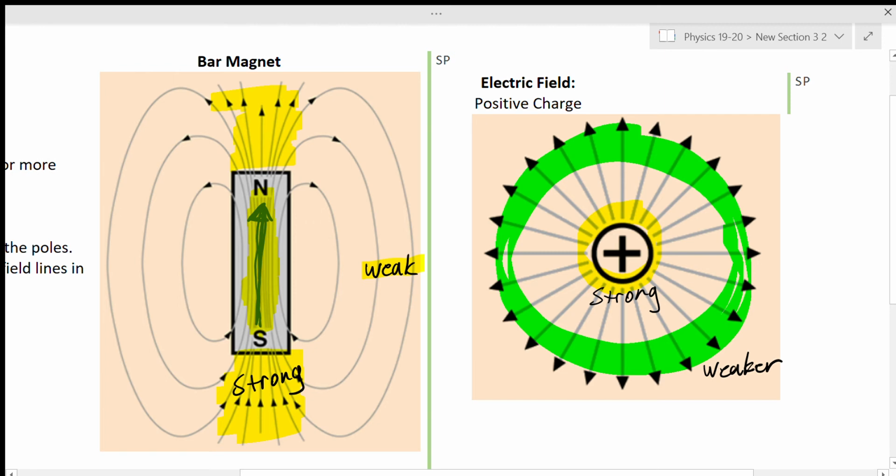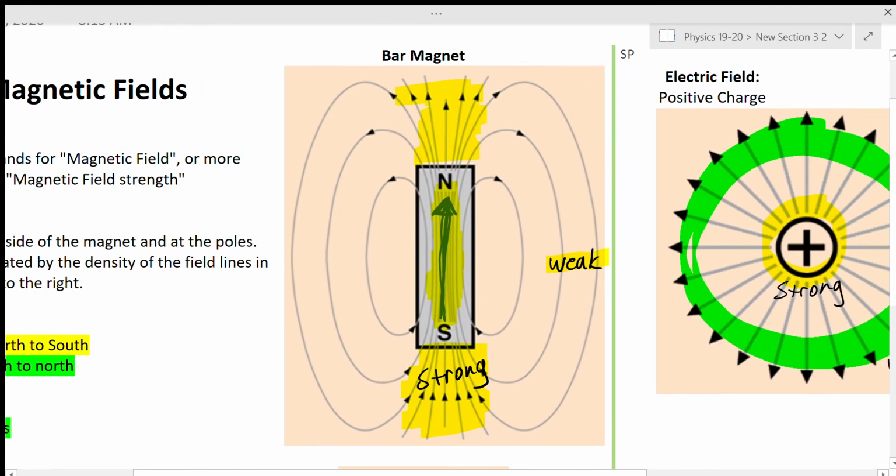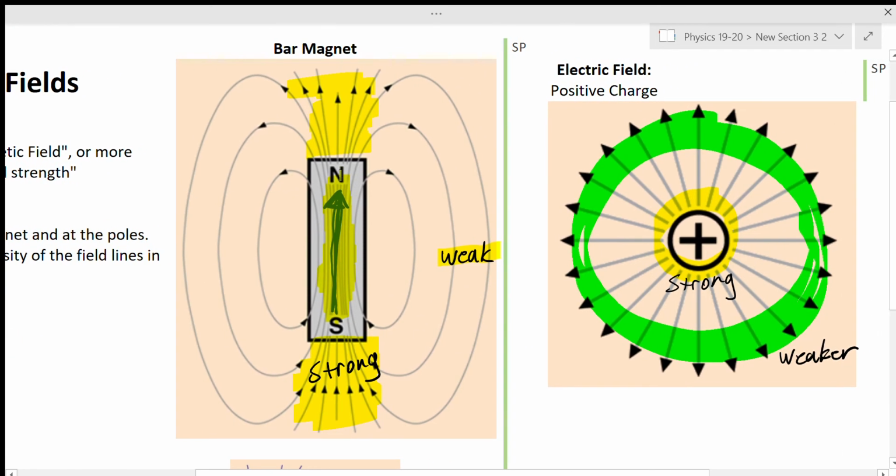One thing that's different about the magnetic versus the electric field is that the electric field just goes out infinitely, outward. But the bar magnet's field lines don't all go out to infinity. They form these closed loops, and that has to do with the direction. One thing that's unique about magnets is that you always have a north and a south pole, and you always have these closed loops.